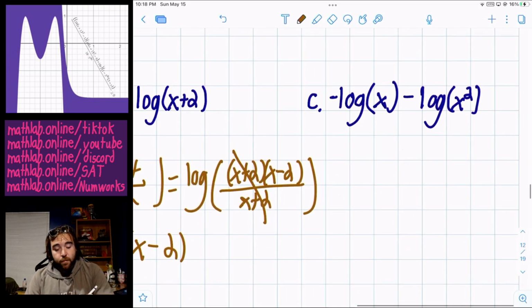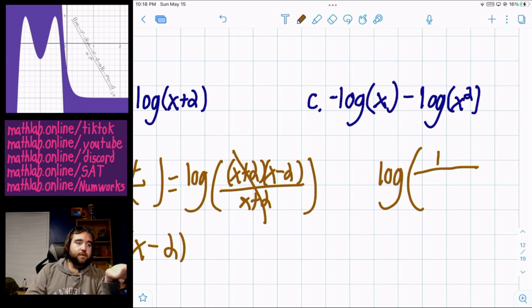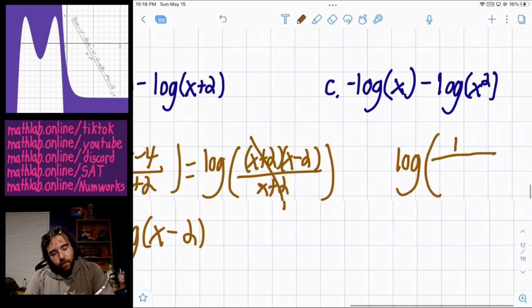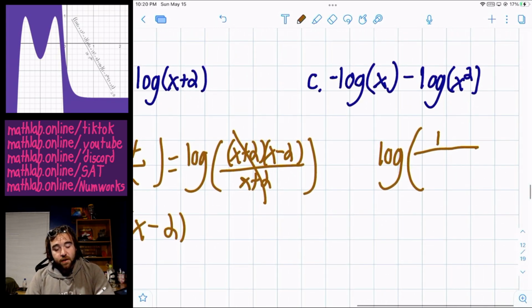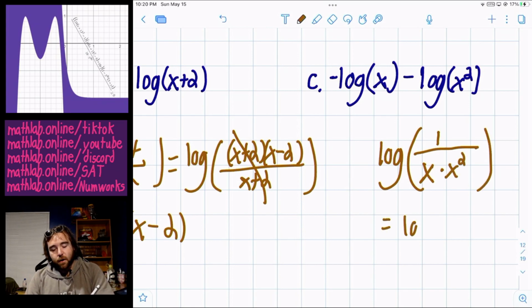Cool. So here they're both negative, which means we're just going to have a 1 on the top. We can't just have nothing on top, because then it would just be 0, and that's no good. So we've got to have a 1 on the top, an x on the bottom, and another x on the bottom. So that's the log of 1 over x cubed.